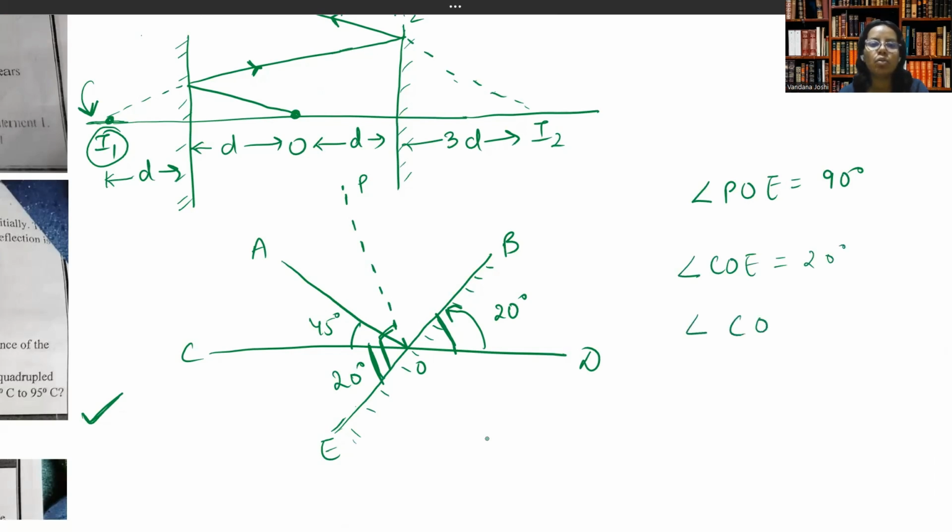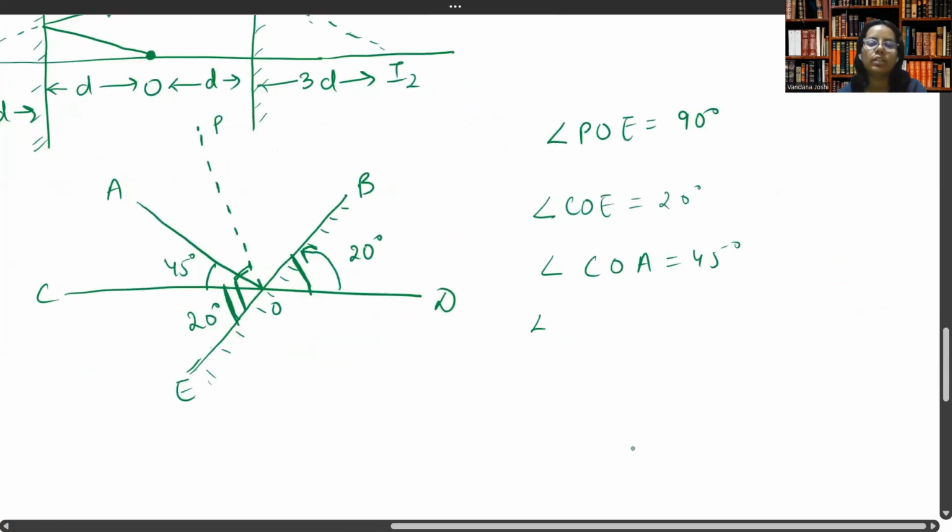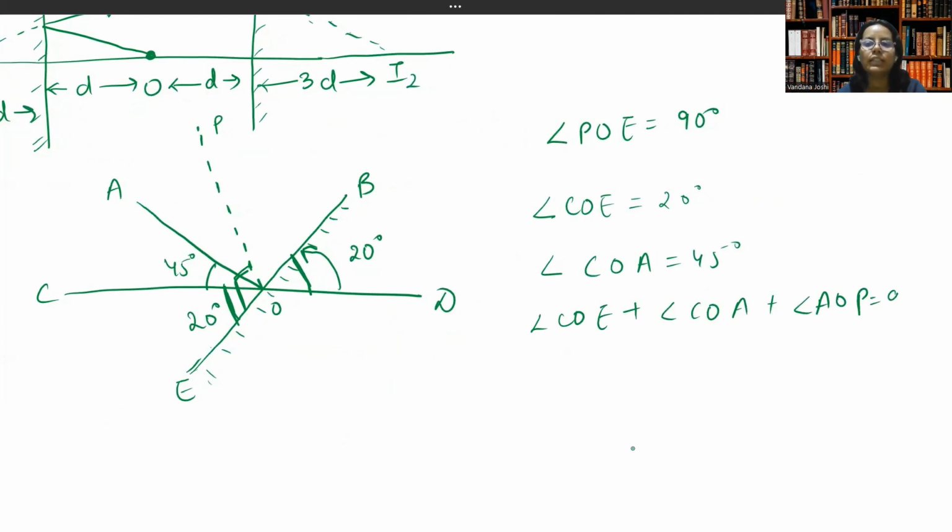Angle COA is 45 degrees. And sum of COE, COA, and AOP makes up 90 degrees. So we are going to add them up, 20 plus 45 plus, this is what we need to find out. This is 90.